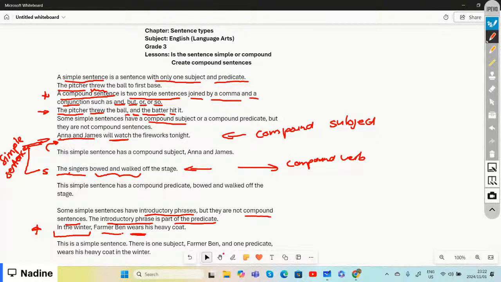There is one subject, Farmer Ben, and one predicate, wears his heavy coat in the winter. It's just that we have an introductory phrase now, and we shifted in the winter, and then started with our subject.